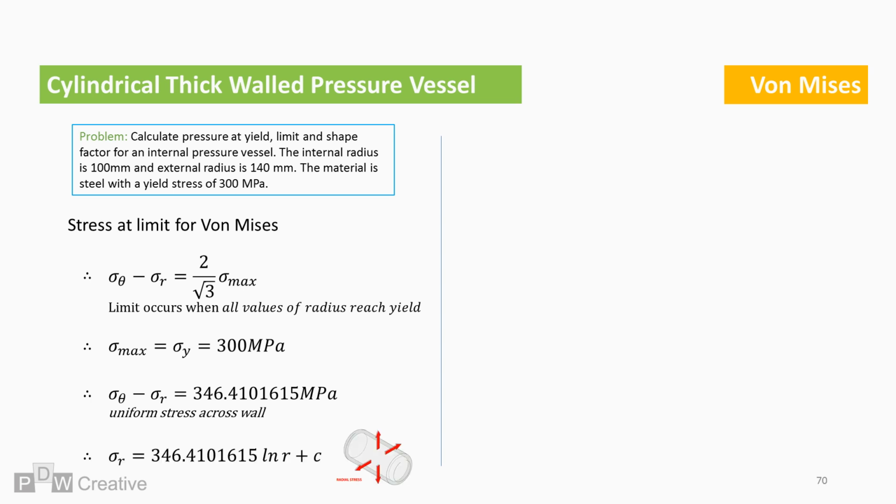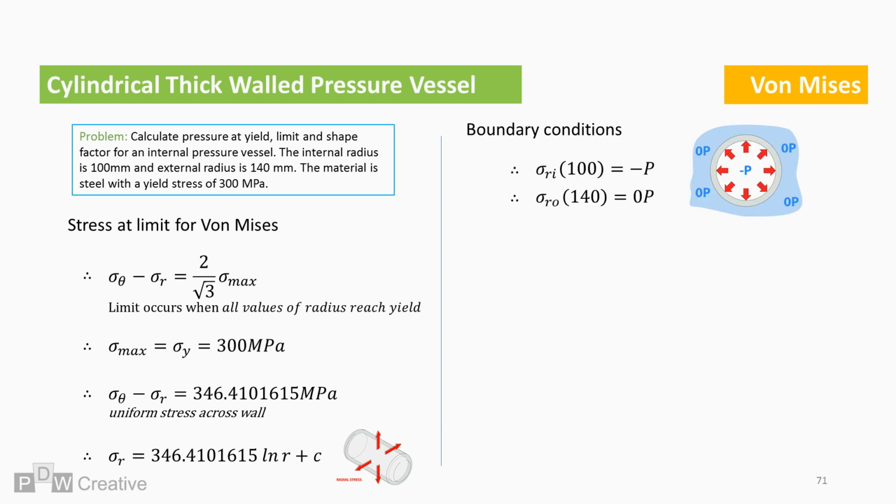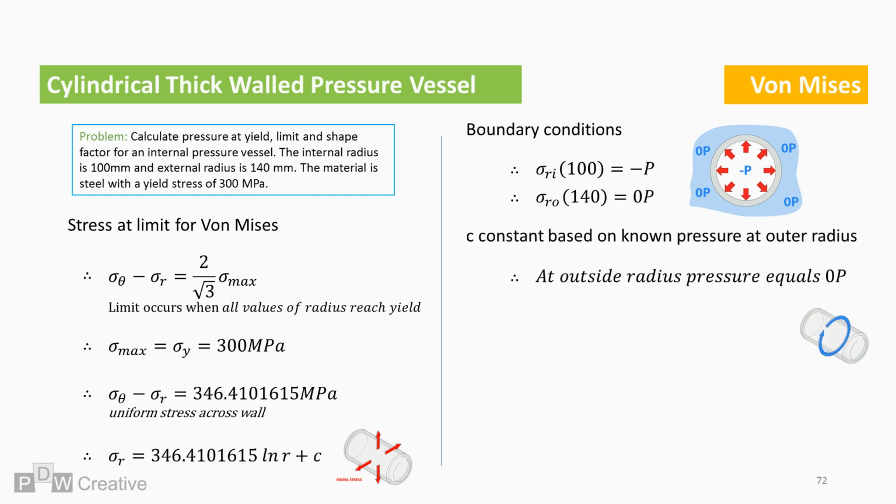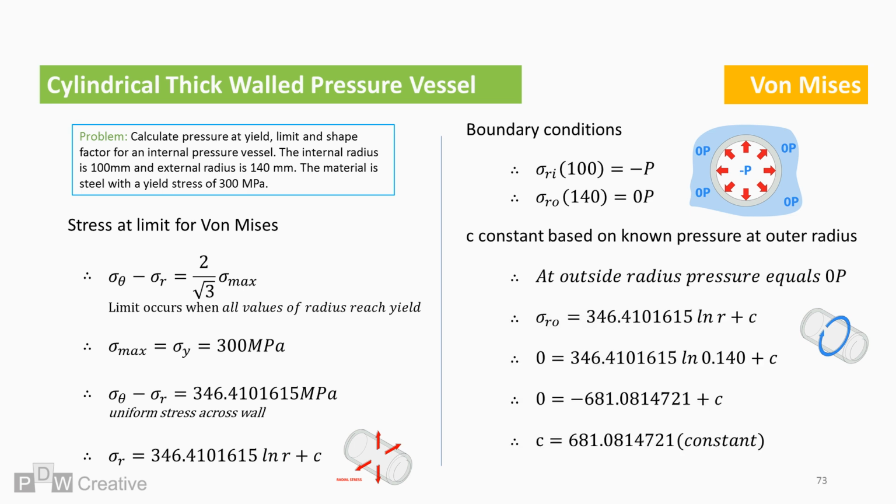So let's import this data into our stress equation to find radial stress. Then, as before, recap on the boundary conditions. Then find constant C from the outer pressure, which remains unchanged. And C equals 681.08.